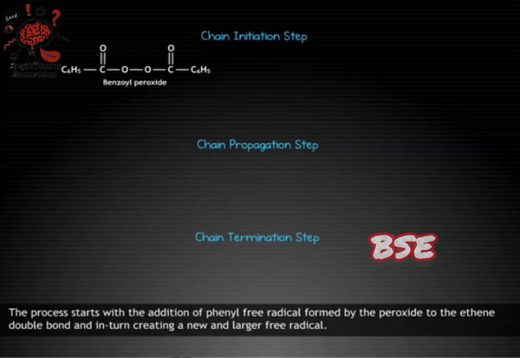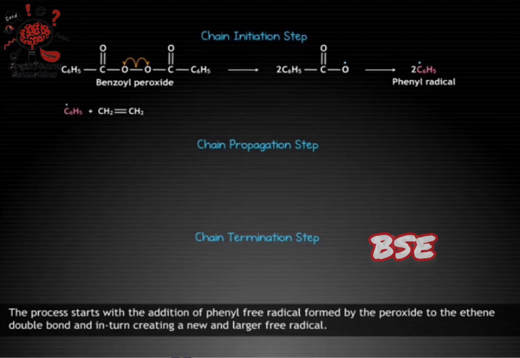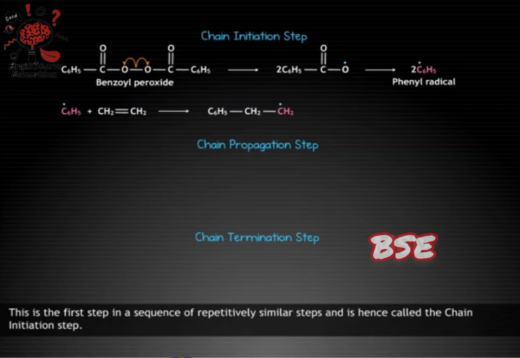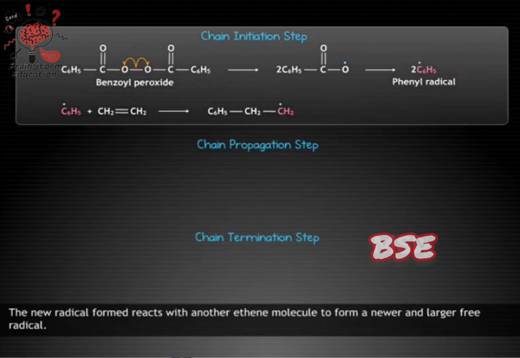The process starts with the addition of phenyl free radical formed by the peroxide to the ethene double bond and in turn creating a new and larger free radical. This is the first step in a sequence of repetitively similar steps and is hence called the chain initiation step. The new radical formed reacts with another ethene molecule to form a newer and larger free radical.